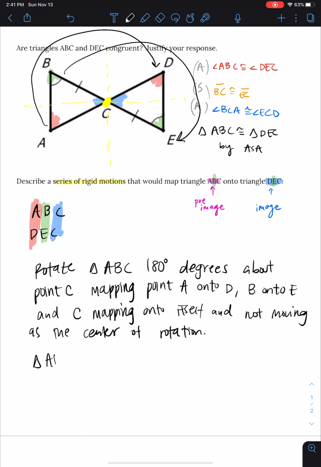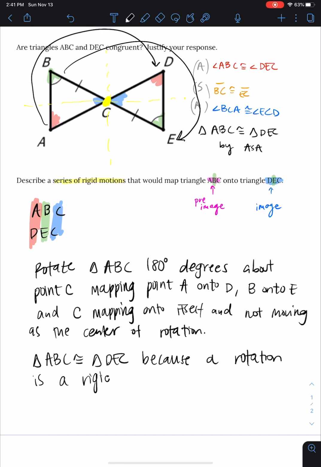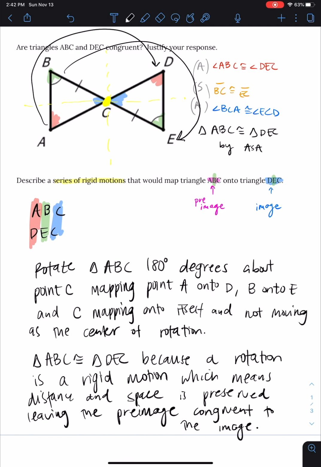We can say that triangle ABC is congruent to triangle DEC because a rotation is a rigid motion, which means distance and space is preserved, leaving the pre-image congruent to the image. So that would be another way you could have answered the first part of the problem.